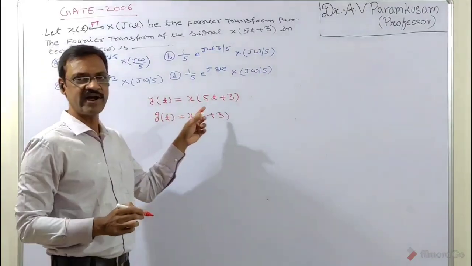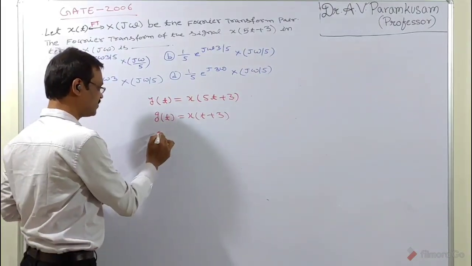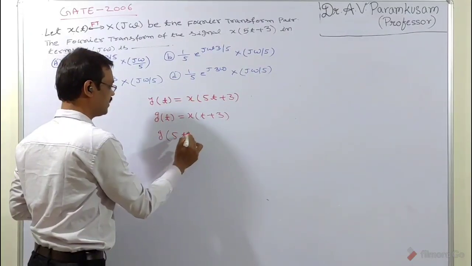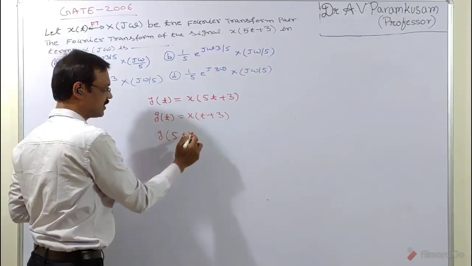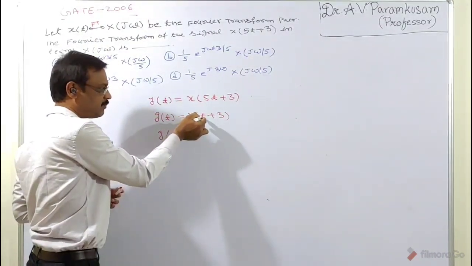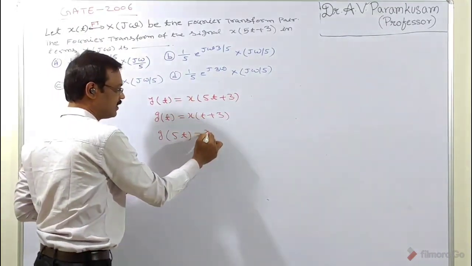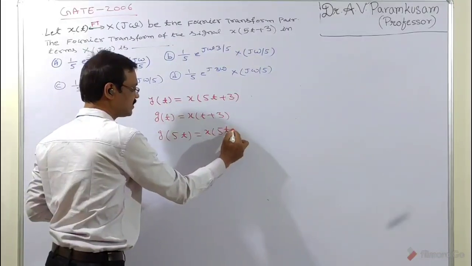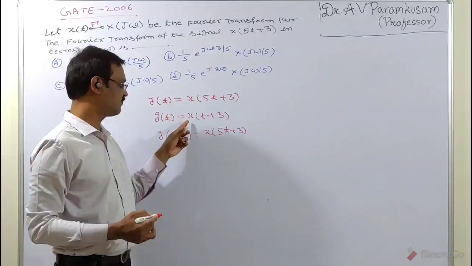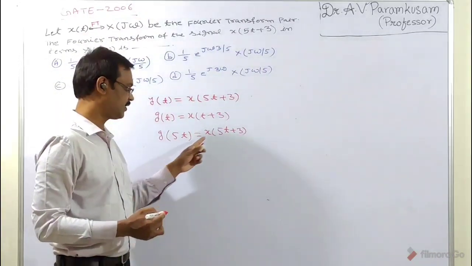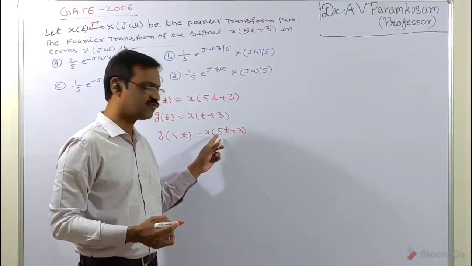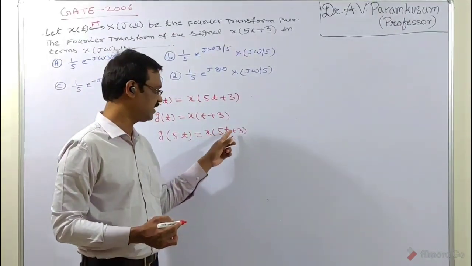Then x of 5t plus 3 can be obtained by simply applying scaling, that is g of 5t. In place of t, 5t is there, so on the right side also, in place of t, you substitute 5t. Then this is equal to x of 5t plus 3. So first you get the time shifting, then apply the time scaling to get x of 5t plus 3.